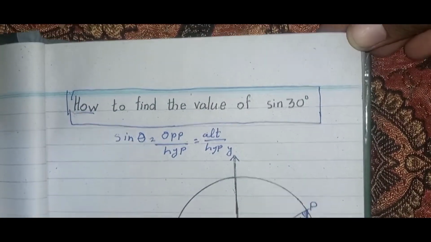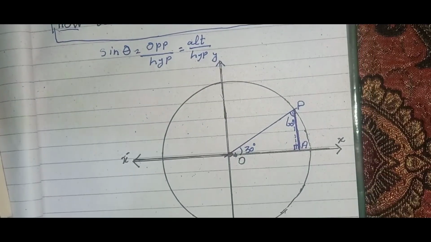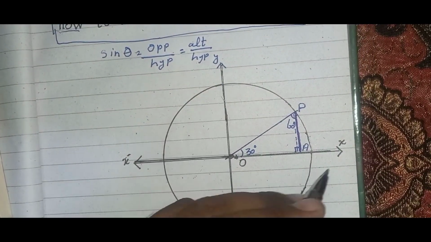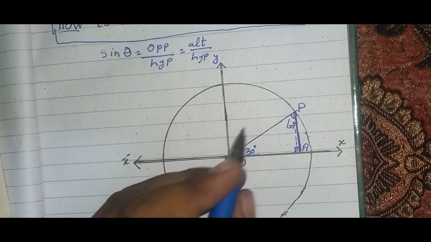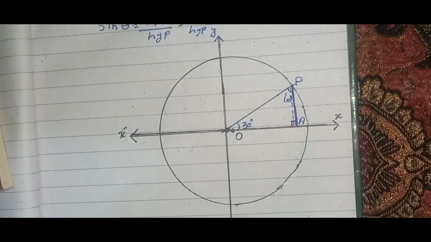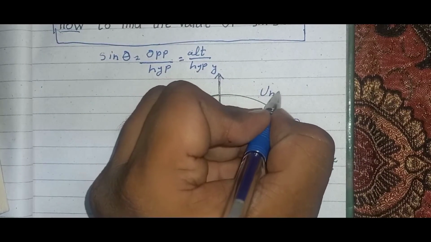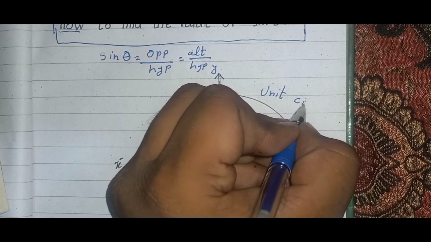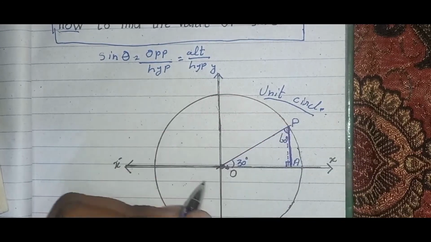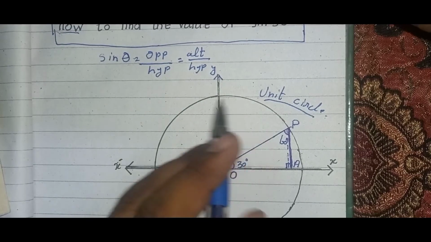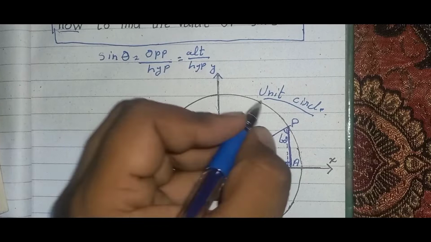So to prove the value of sin 30 degree, consider a Cartesian coordinate system, x-axis and y-axis. Here we have a circle which is a unit circle. It means that the radius of this circle is equal to 1.